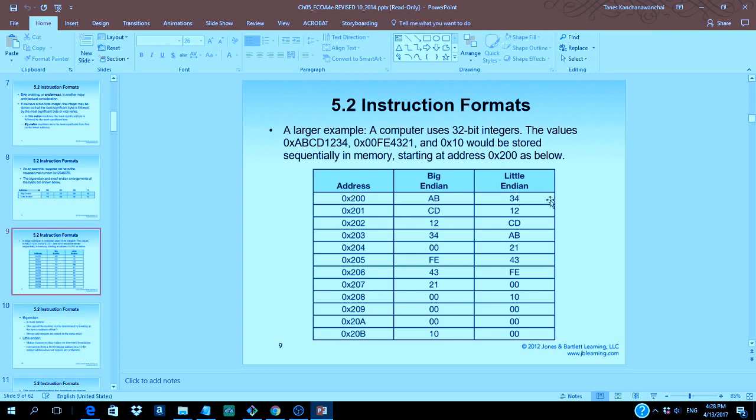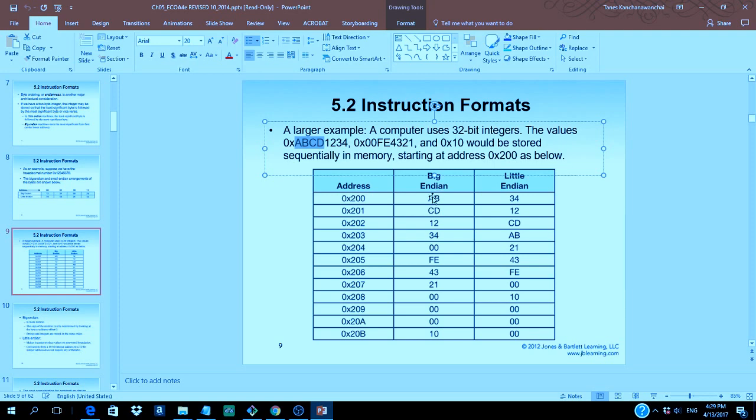So if you want to place this, let's say I want to store A, B, C, D, right? What happens if we only have 200 empty, but 201 is not empty?